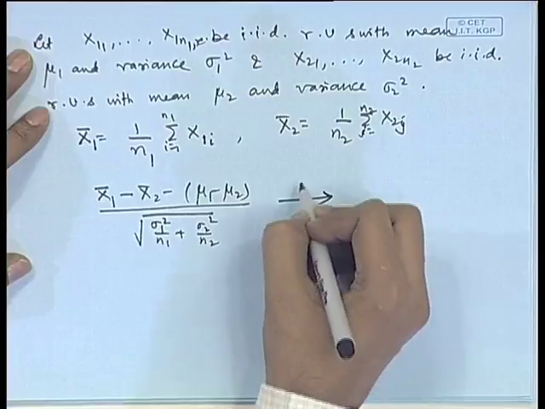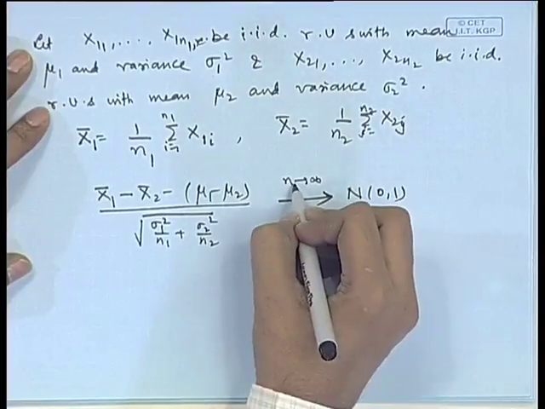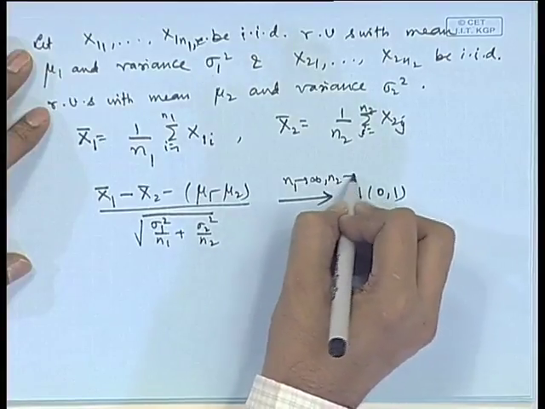Then this converges to a normal 0 1, where n 1 tends to infinity and n 2 tends to infinity.